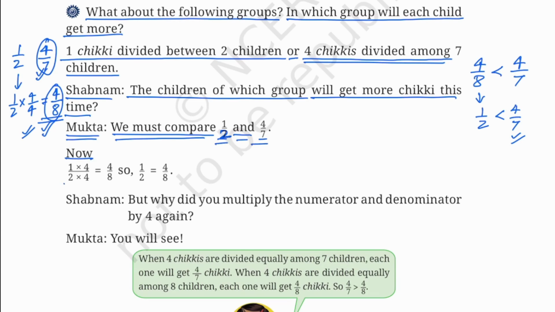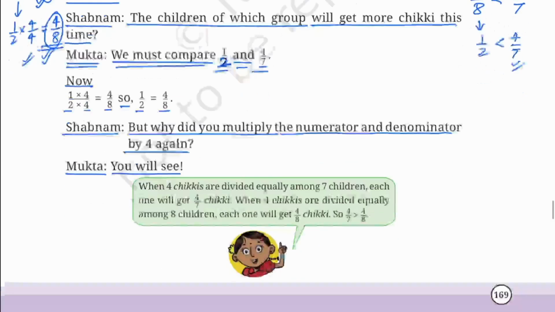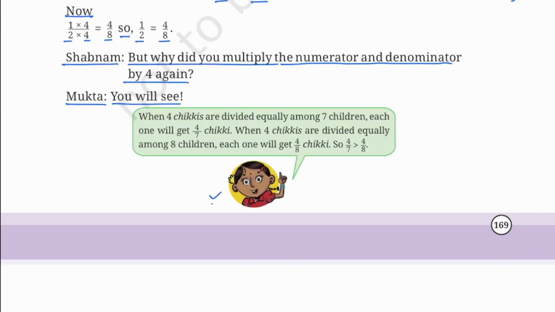Now, 1 upon 2 multiplied by 4 upon 4 is equal to 4 upon 8. So, 1 upon 2 is equal to 4 upon 8. Subnum, but why did you multiply the numerator and denominator by 4 again? Mukta, you will see.